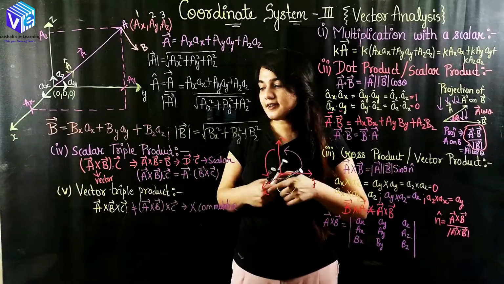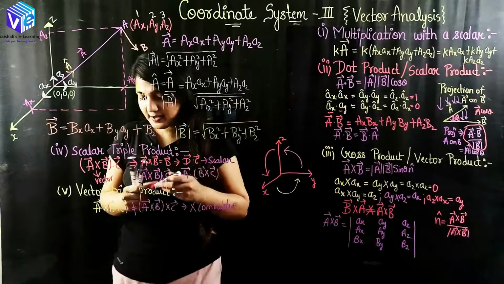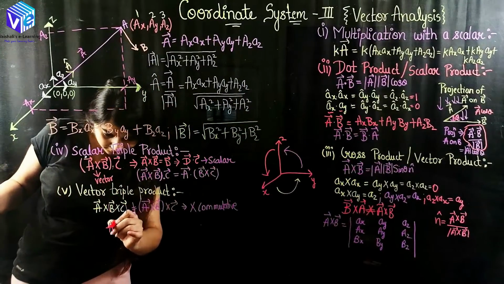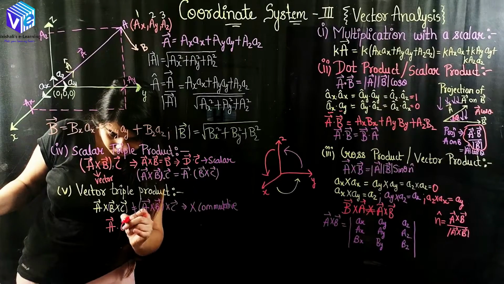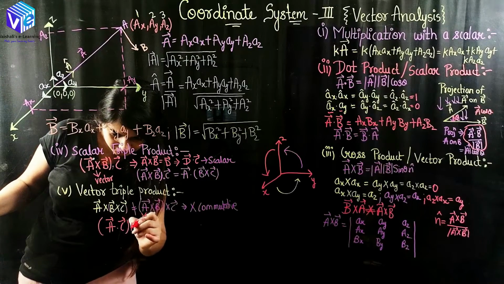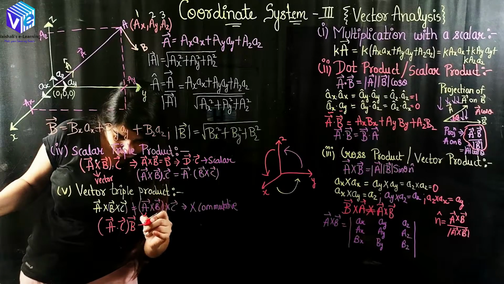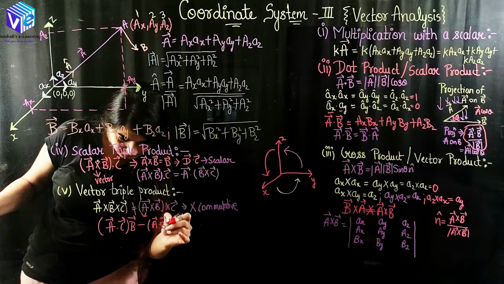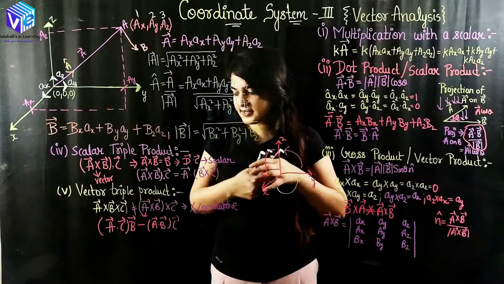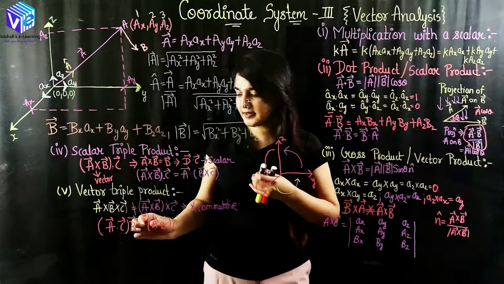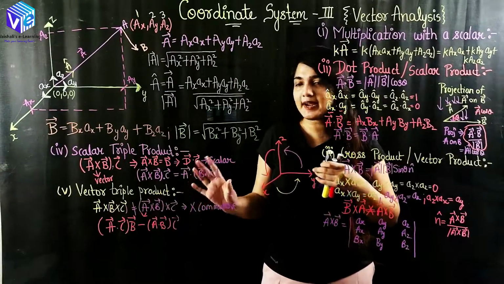So how can I find it out? It will be equal to A dot C multiplied with the B vector minus A dot B multiplied with the C vector.